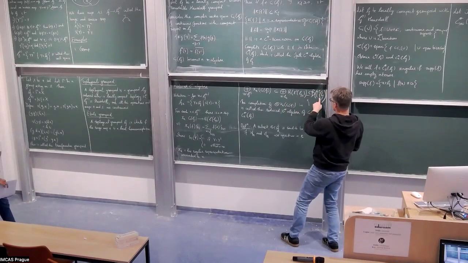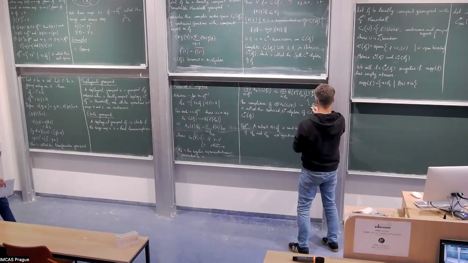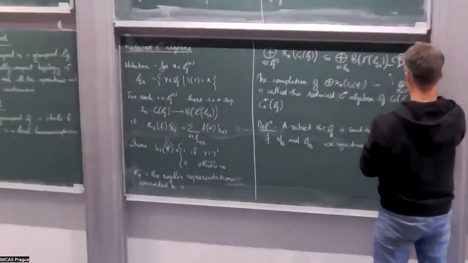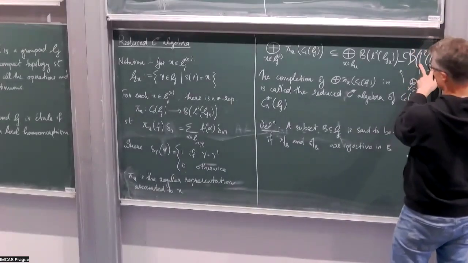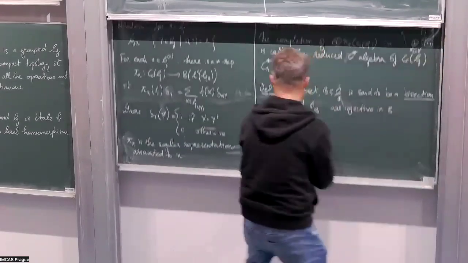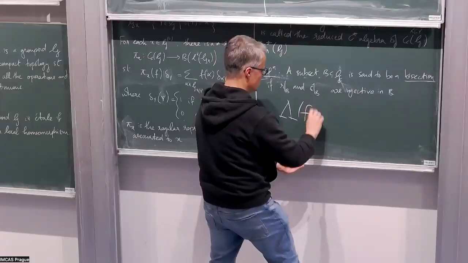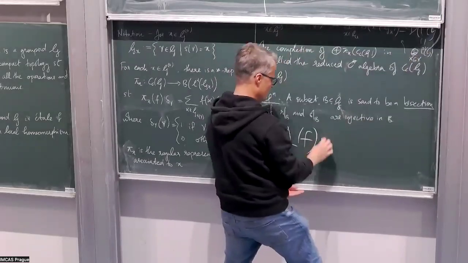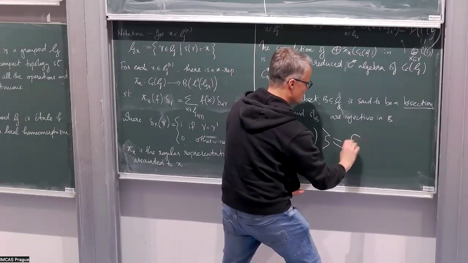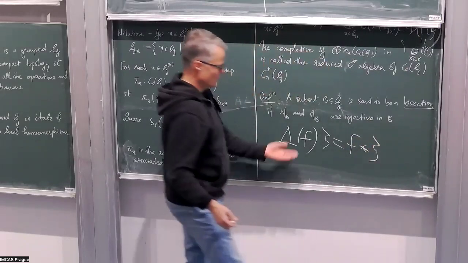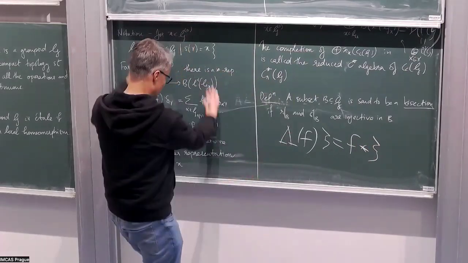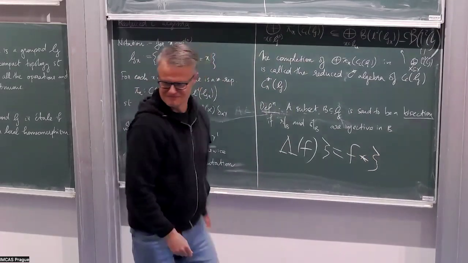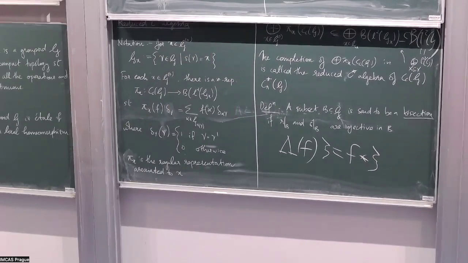This is not equal to the direct sum of all these guys. You can look at this as your regular representation, on L2 functions on G. Right, thank you.